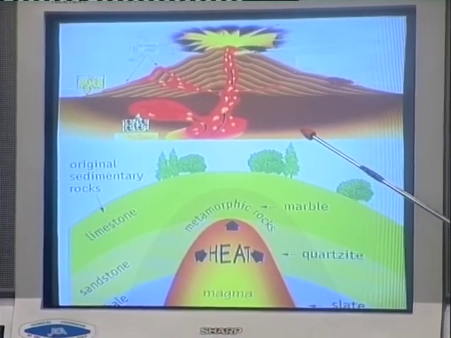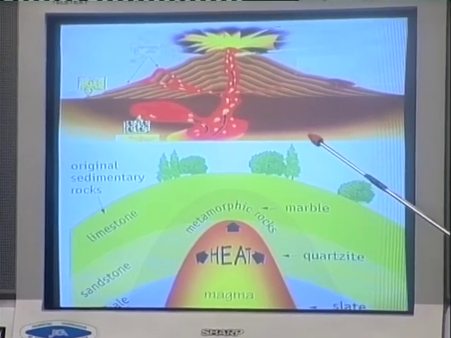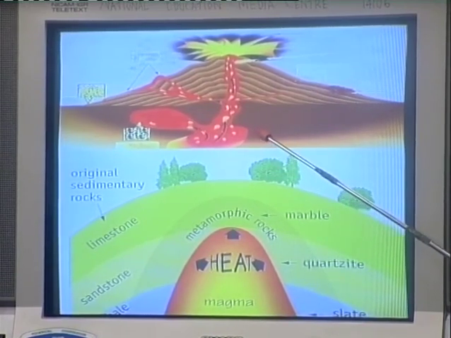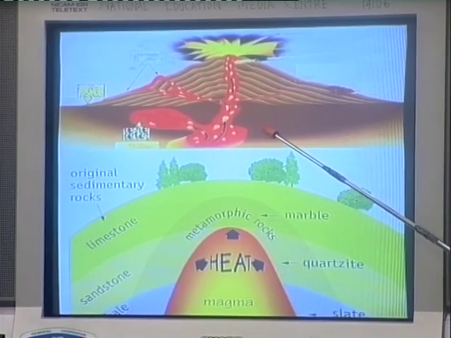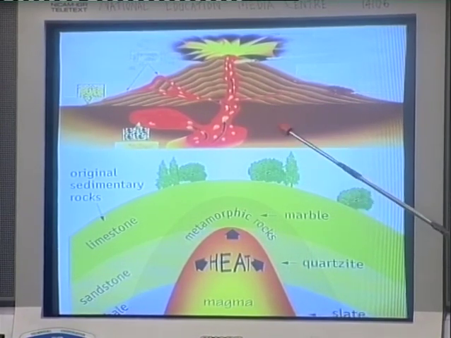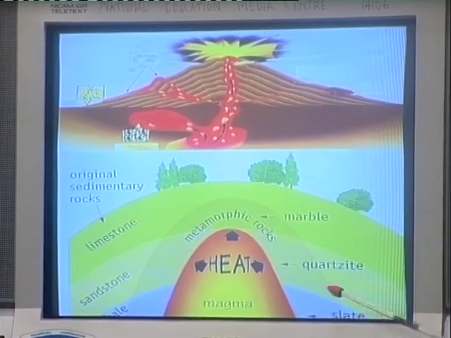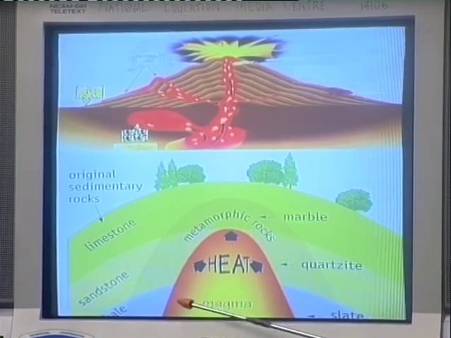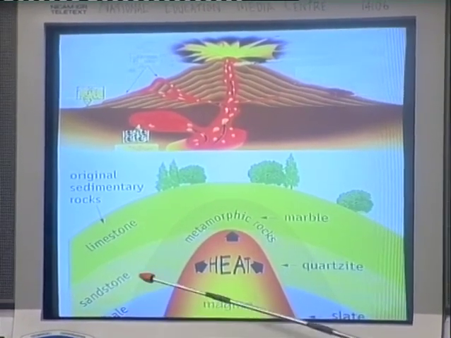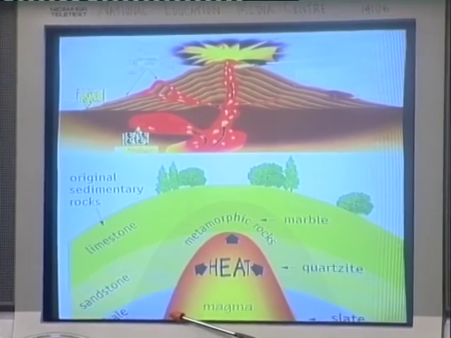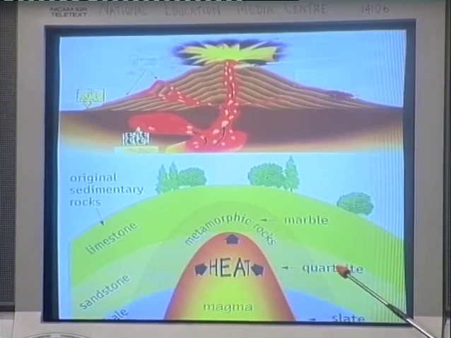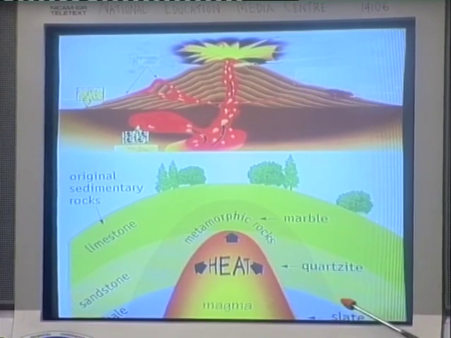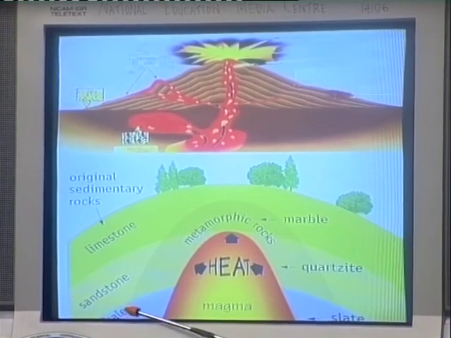As the magma in the earth pushes its way up, the heat comes in contact with the sedimentary rocks and changes those sedimentary rocks into metamorphic rocks. So metamorphic rocks are actually new rocks that are formed from old rocks, which are sedimentary rocks.